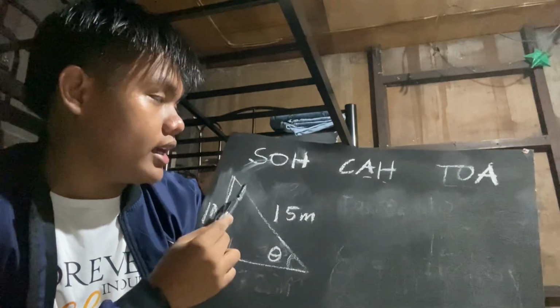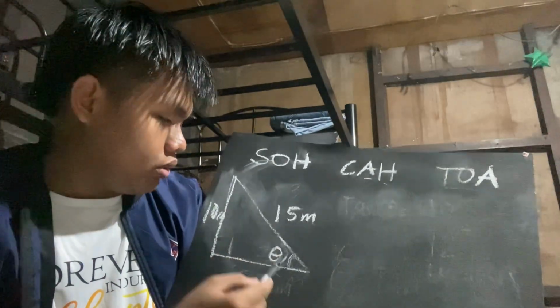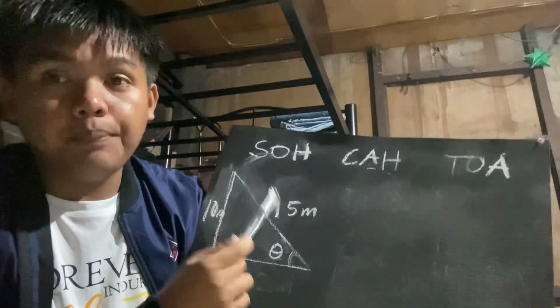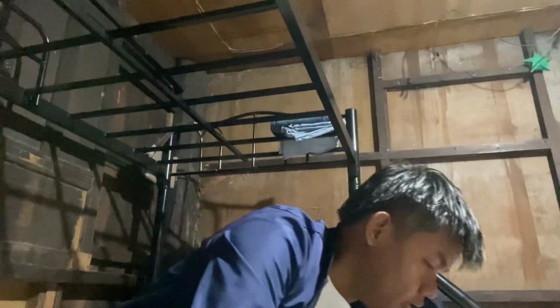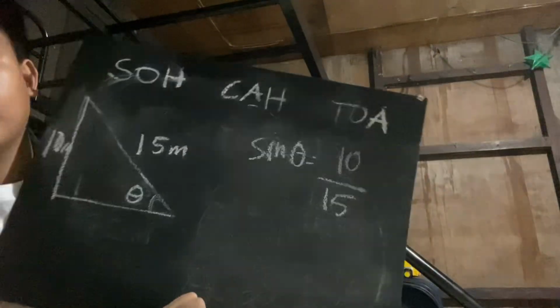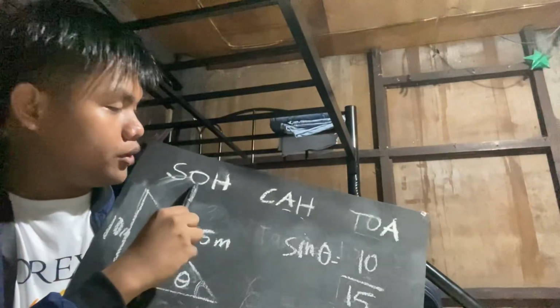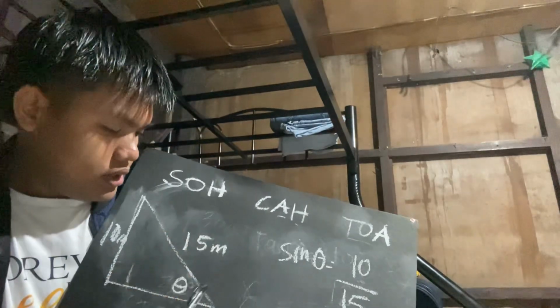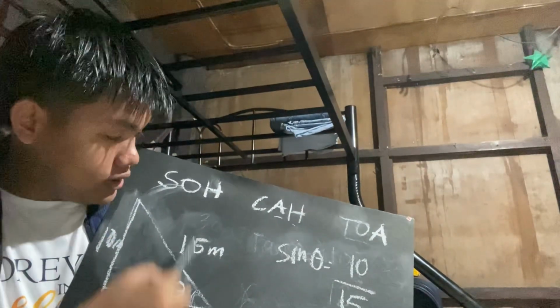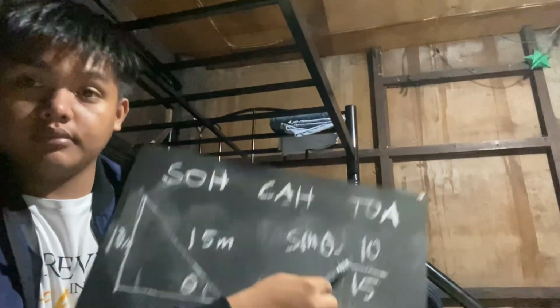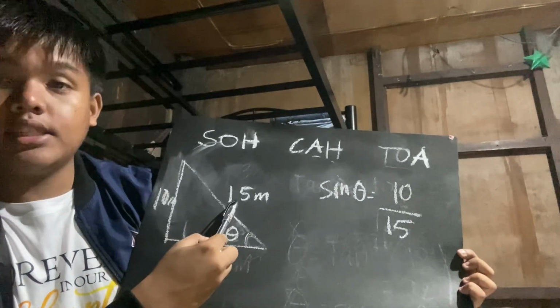So we can write sine theta is equal to opposite, which is 10, over hypotenuse, which is 15.